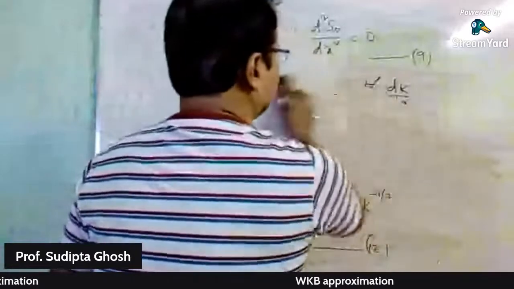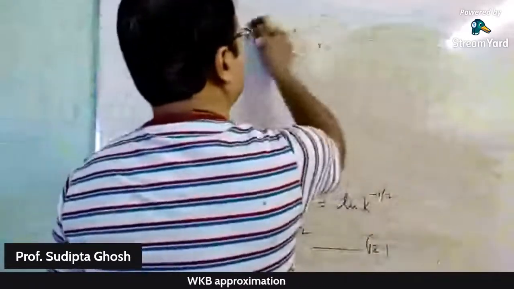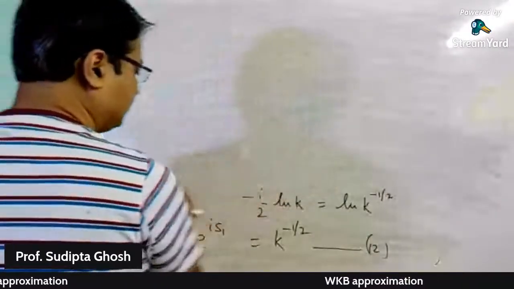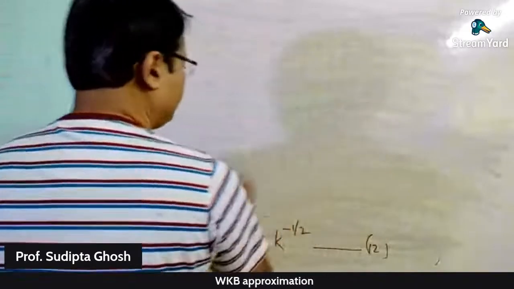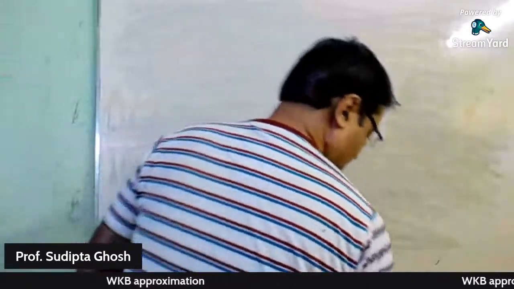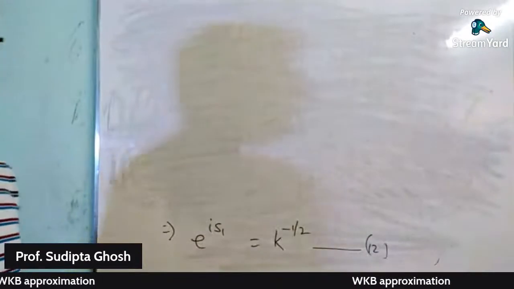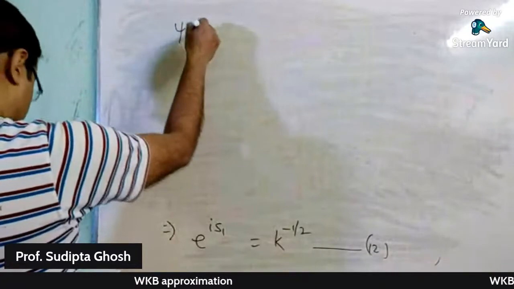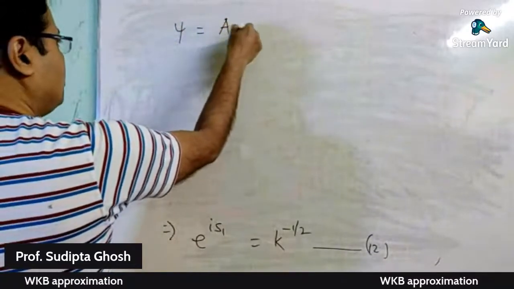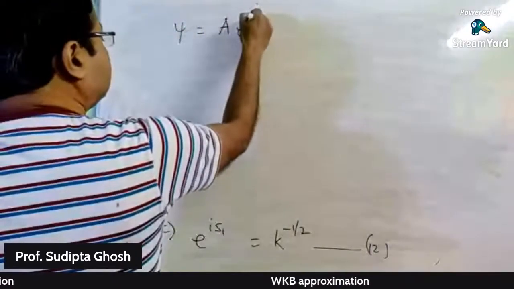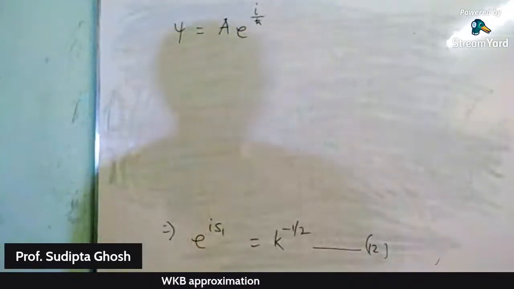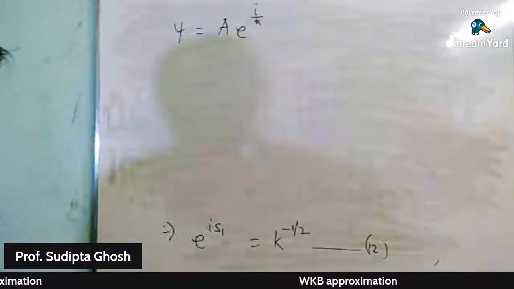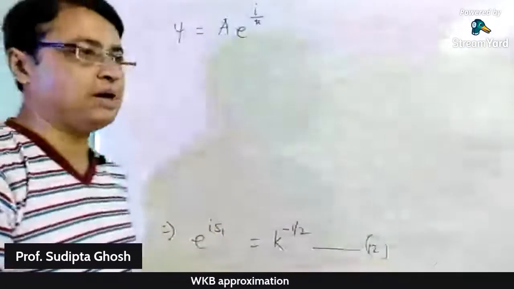This expression which I am deriving right now, you also are deriving with me, to get the value of psi. So I take psi equals A e to the power i S(x) by h-cut.